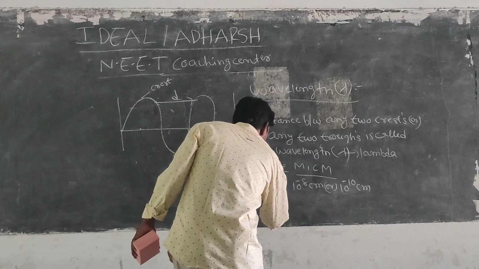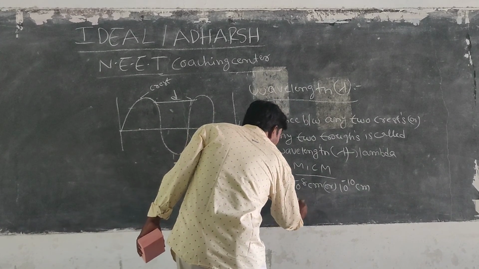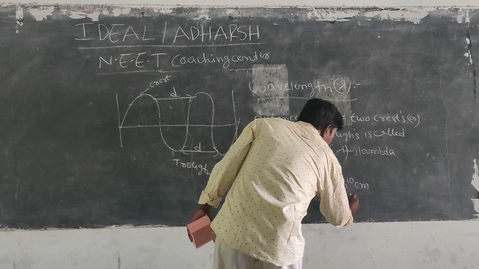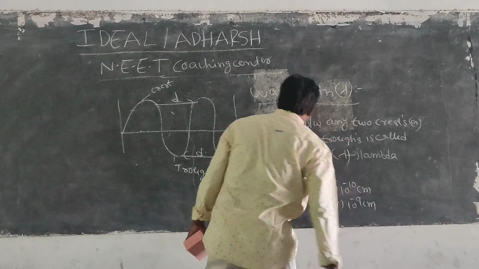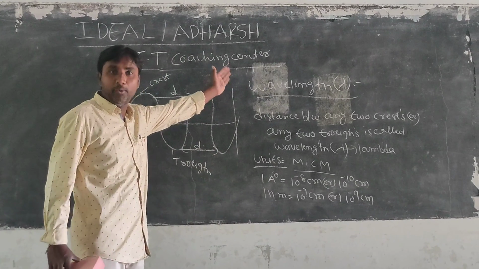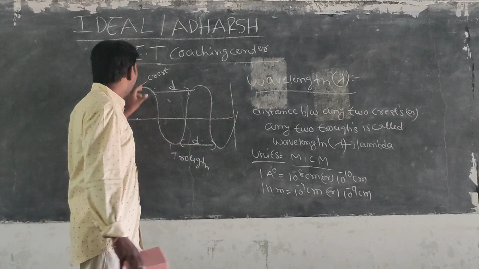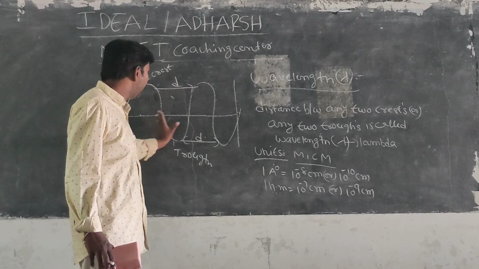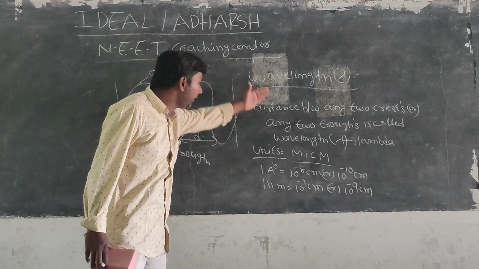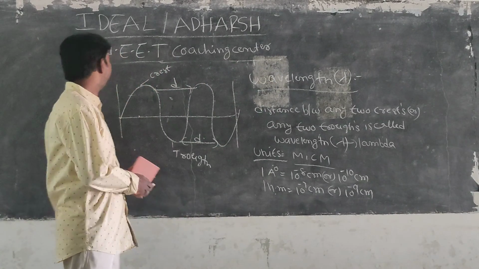Next, 1 nanometer is equal to 10 power minus 7 centimeter. This is about the wavelength: the distance between two crests or any two troughs.